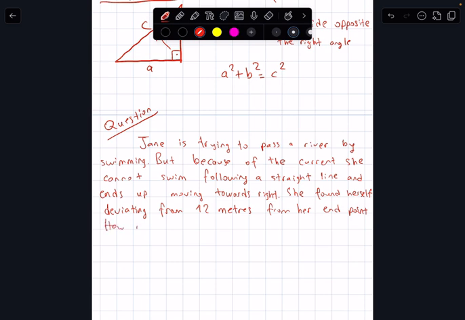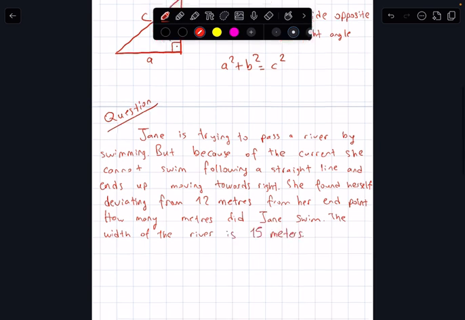How many meters did Jane swim? And let's say the distance, or the width, of the river is 15 meters. So let's draw it, okay?